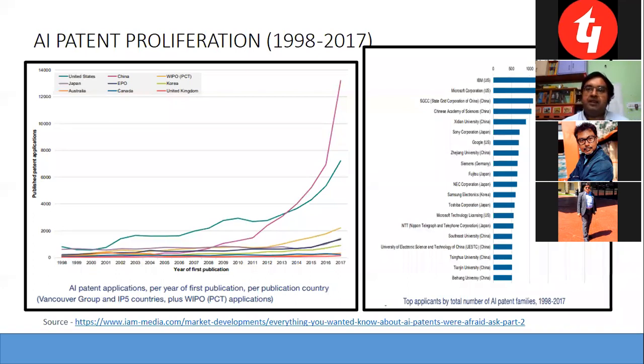Okay. Now, if you see the patent families and number of patents owned by various companies, IBM, of course, is leading. We have Microsoft Corporation, and it's very interesting to see so many different Chinese organizations. Most importantly, relevant for the Techno group of institutions, so many Chinese universities are filing so many patents in the domain of AI.